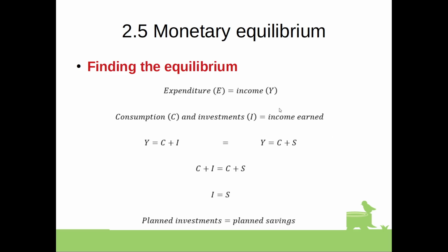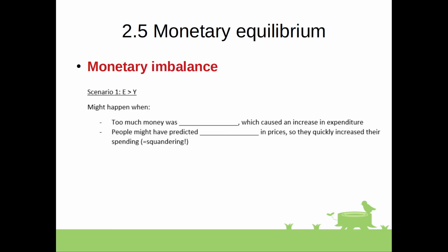Because the income we earn will be spent on consumption and savings, we put everything over here. We see C plus I matches with C plus S, and in the end planned investments equal planned savings. So the money that is being saved will be going to investments, and that's how this system works.